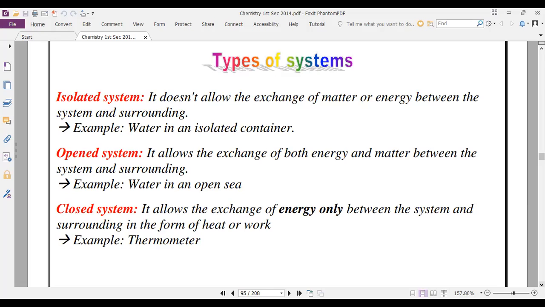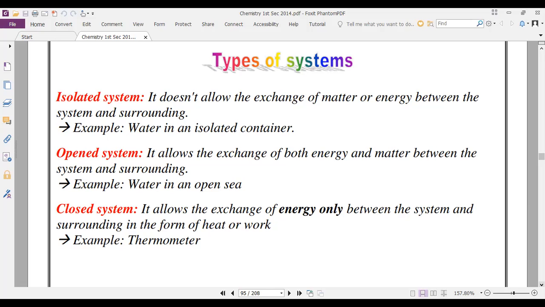If you opened it to pour some tea, it would not keep its temperature. So an isolated system doesn't allow the exchange of matter or energy between the system and surrounding. Example, water in an isolated container.